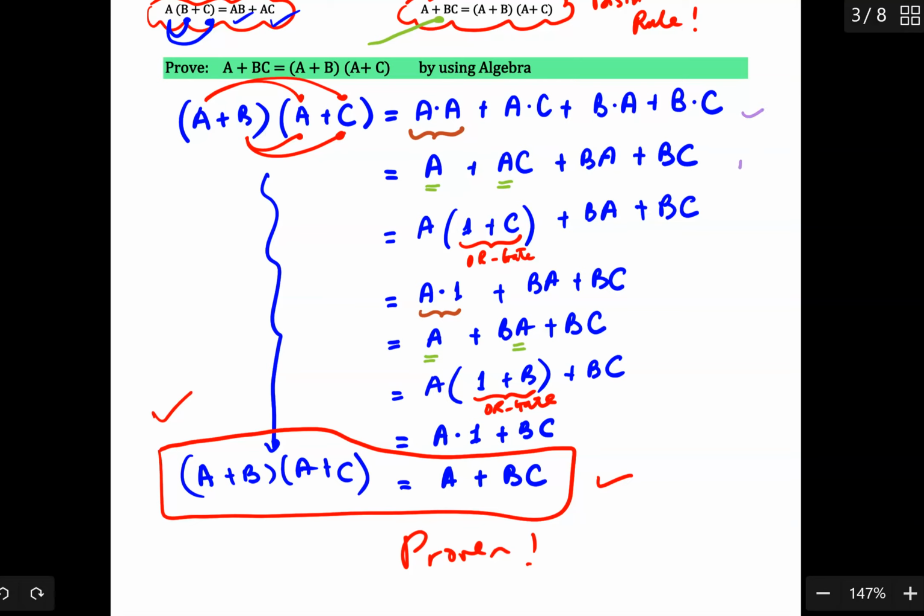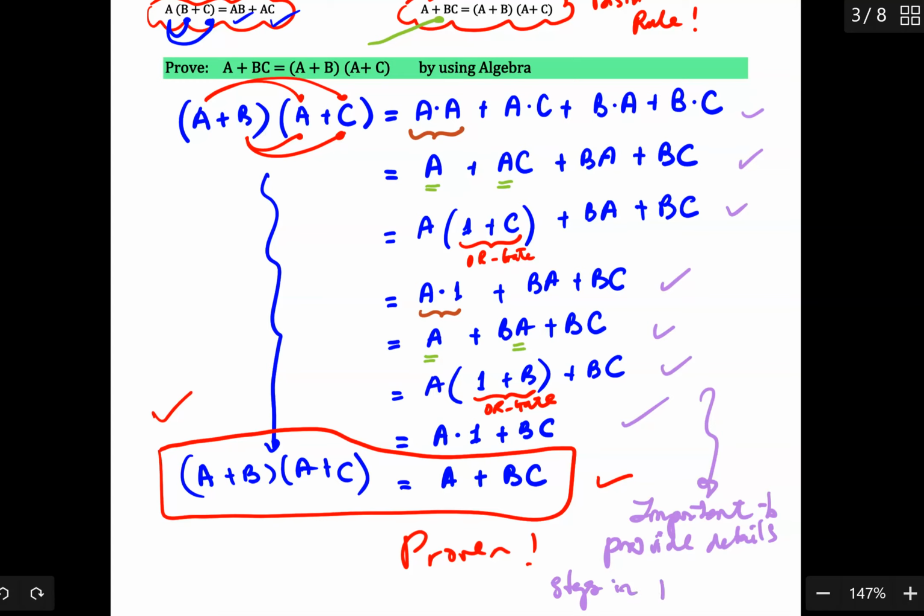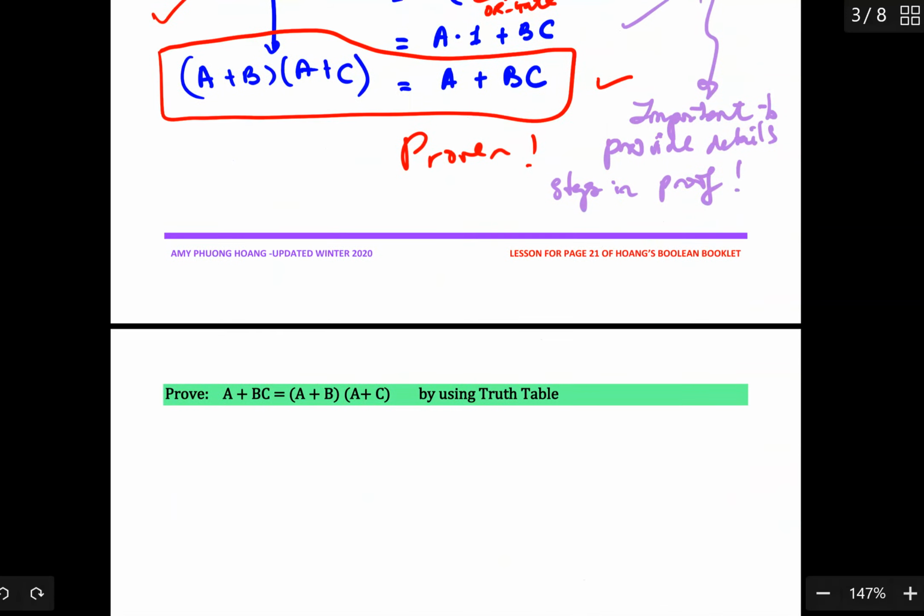So let's make a check mark beside all of this, just to remind everyone that it is important to provide details, steps in proof. Okay, if you are asked to prove something, you need to provide details. Alright, so let's move on to the next page.